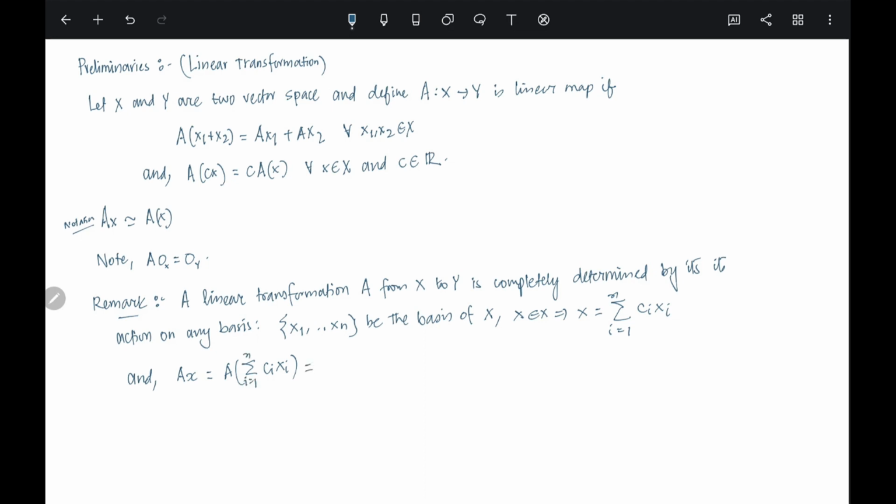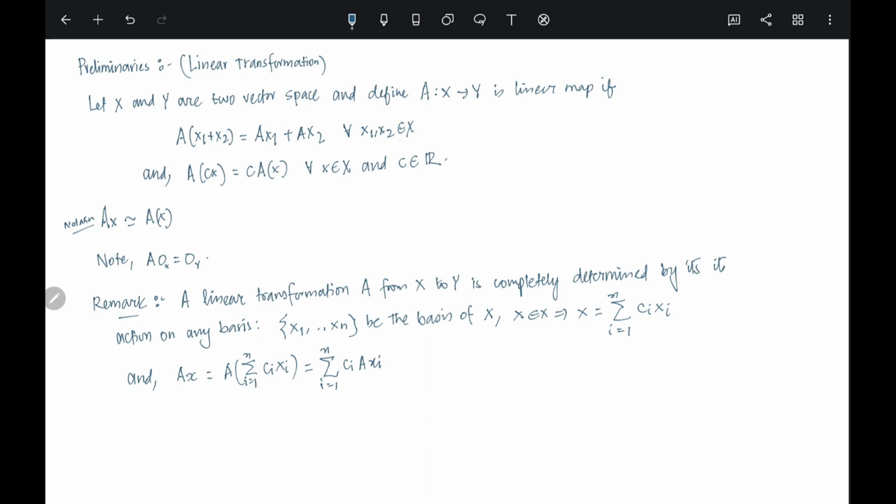Since A is linear, combining the first and second properties, we can write it as the summation i equals 1 to n of ci A of xi. So the linearity of A allows us to compute A of x from the vectors Ax1, Ax2, ..., Axn. This is what we want to say: it is completely determined by the action on its basis.